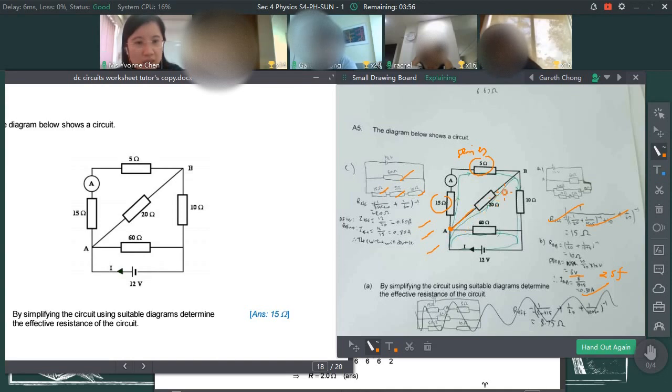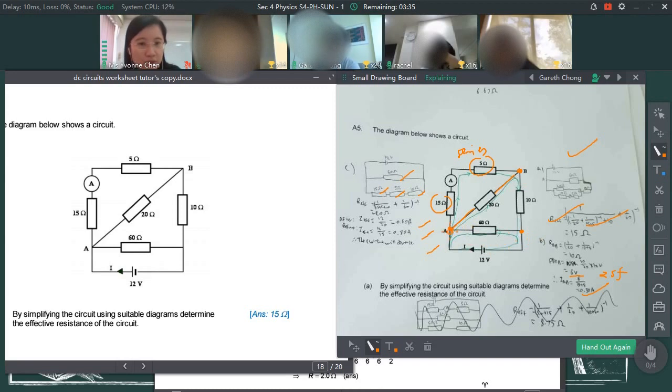Then the 20 will connect in parallel with them. And at the junction B, they join together. So you can see for his circuit diagram drawn by him, after that is this 10 ohm resistor. Then at this junction, all of them combine together. So this is a simplified circuit diagram.